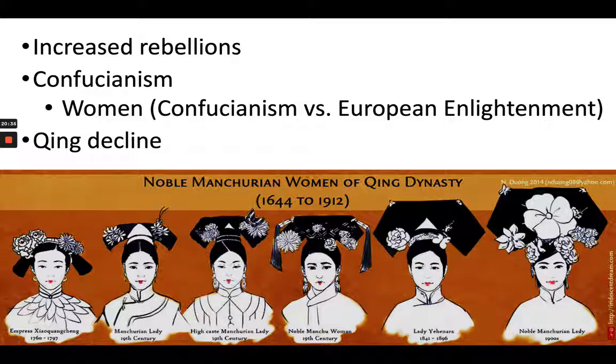The Qing Dynasty and the leadership of it firmly believe that China's the best. They've always been the best. They have always been the most advanced and most important power in Asia and in the Indian Ocean trade system. So there's nothing that anyone else has to offer that would be useful to them.